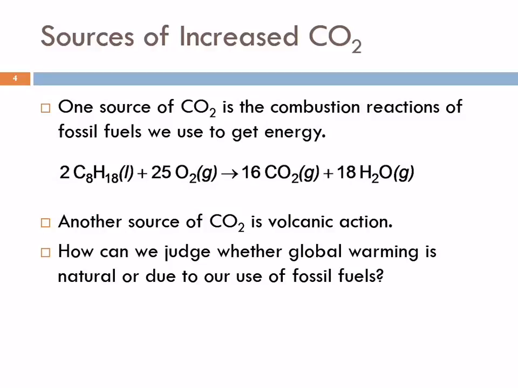Another source of carbon dioxide is volcanic action. Volcanoes, even when they're not actively erupting, are spewing gases into the air, and a lot of that is CO2. So how do we figure out if this global warming that seems to be caused by increased CO2 levels is caused by natural sources or by our fossil fuels?